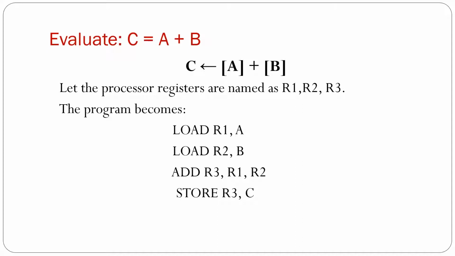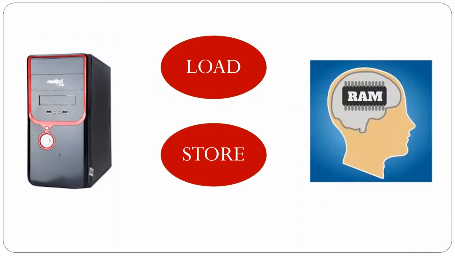This instruction format usually uses load and store instructions between CPU and memory, which use only one memory and register address. If memory is not being referred, then the instructions are processed within CPU registers.